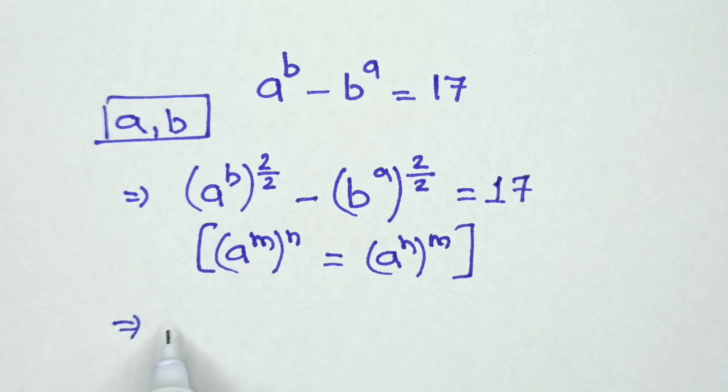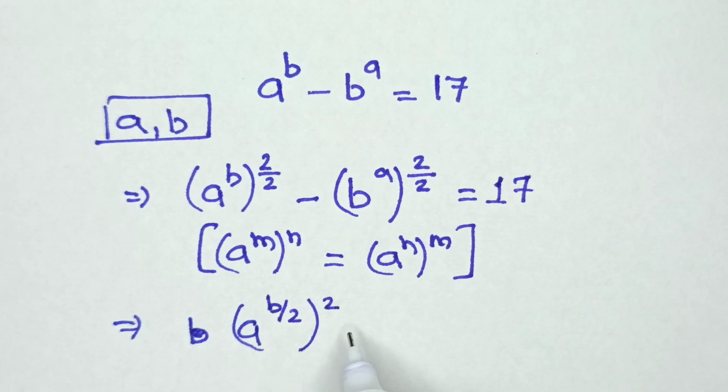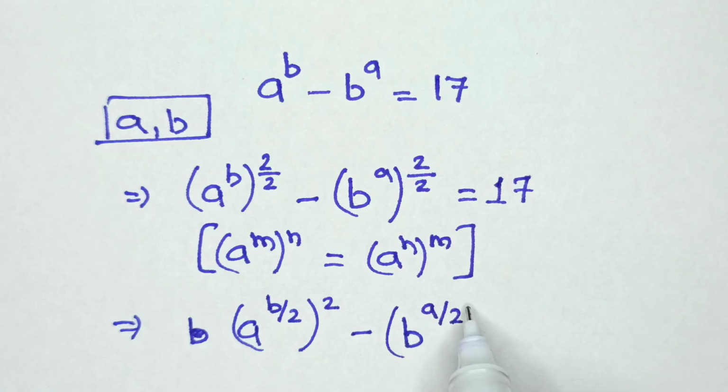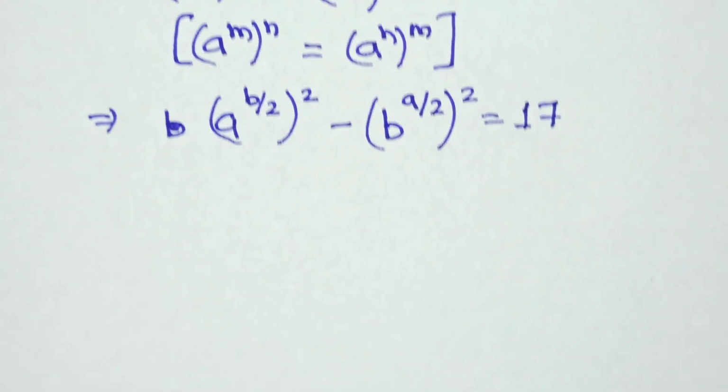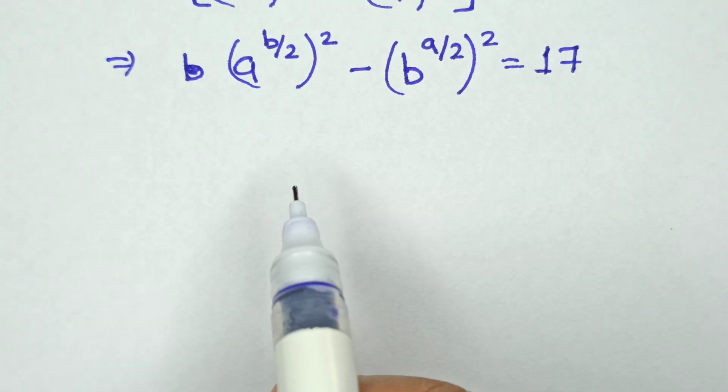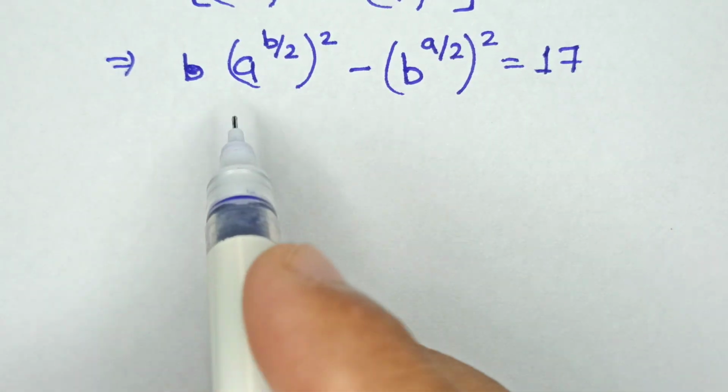So now this can be written as a raised to the power b divided by 2, whole raised to the power 2, minus b raised to the power a divided by 2, whole raised to the power 2, is equal to 17. Now if you notice, these two terms can be taken separately.